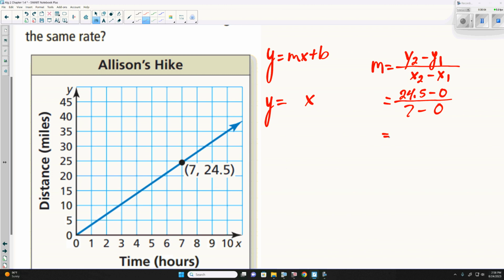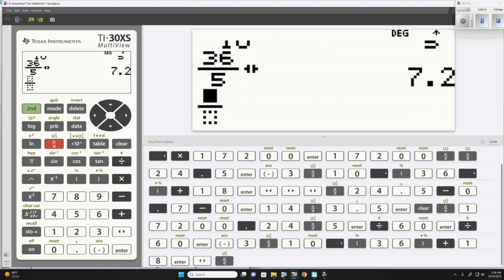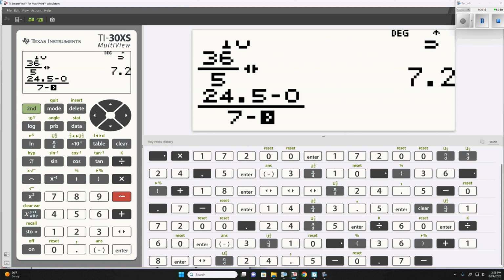At this point we could type this into the calculator, because unfortunately we can't leave it as 24.5 over 7. We can't have a decimal and a fraction together. If we type in 24.5 minus 0 over 7 minus 0, it is 3.5.